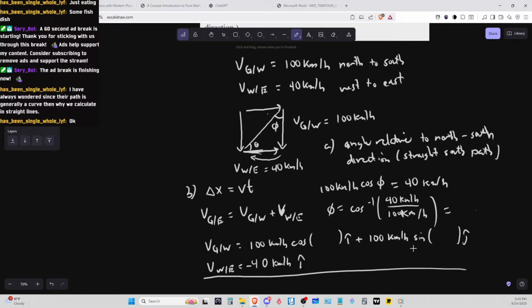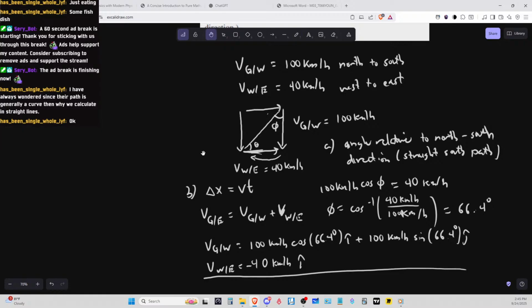So cosine. So that leaves us with 66.4 degrees. Yeah, because that's going to end up with 40 and these will cross out.